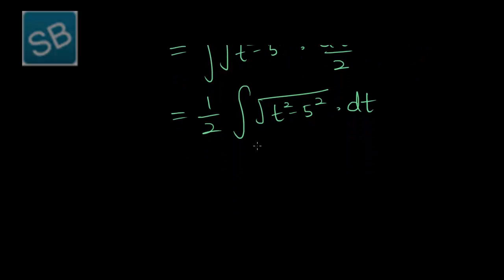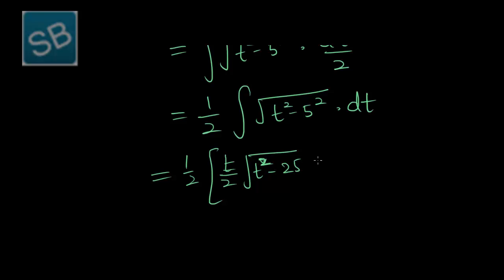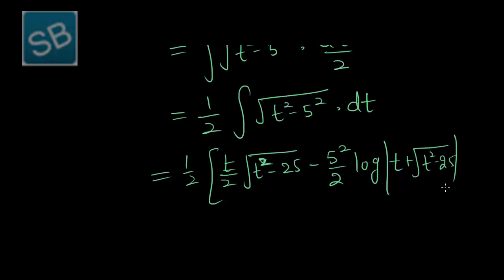So if you see, this is under root x square minus a square. So what is the formula of the integral of under root x square minus a square? That is x over 2 under root x square minus a square, minus a square by 2 log of x plus under root x square minus a square, plus c.